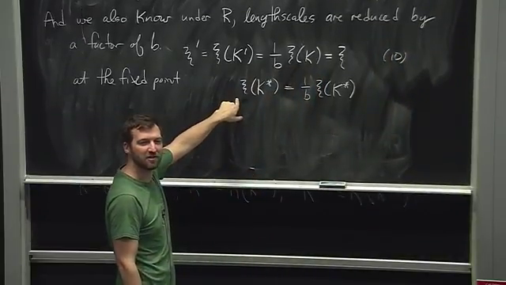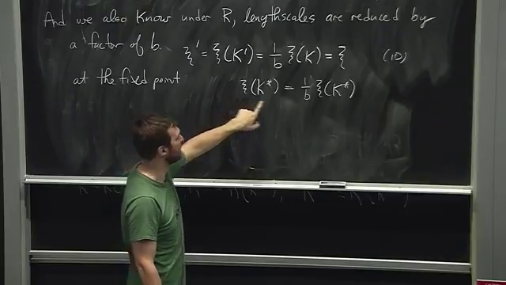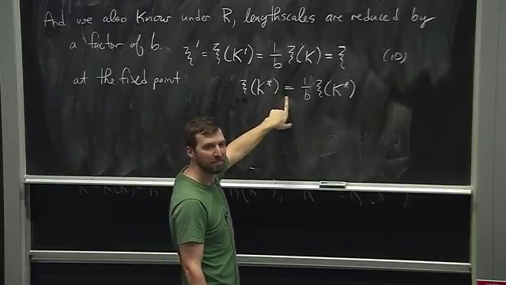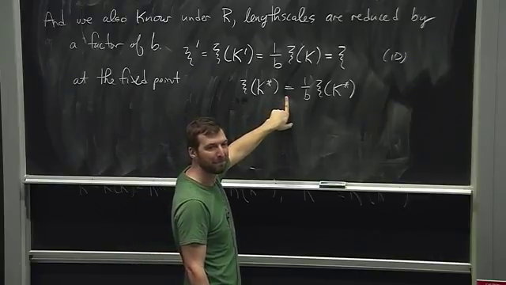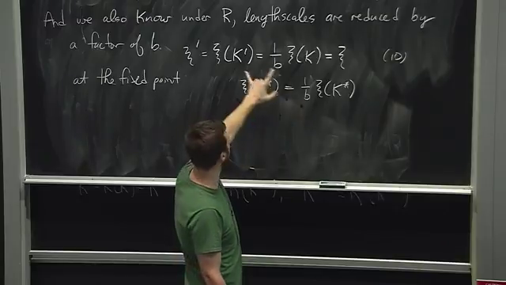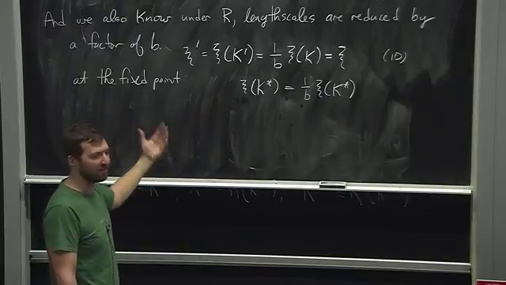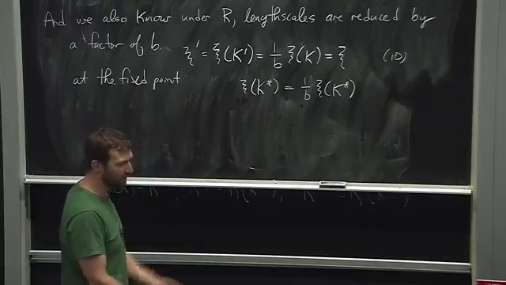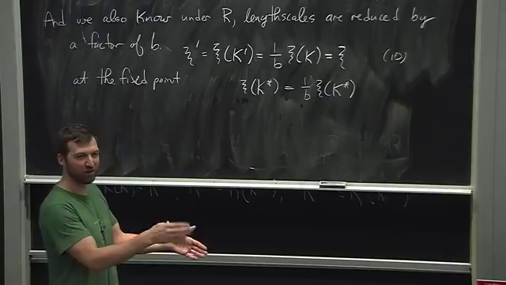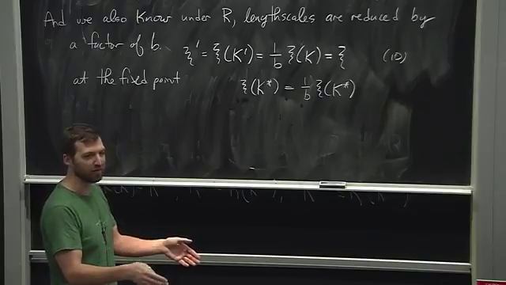But sorry, what are you asking? I want to know the final step. Here? Yep. I'm just rescaling the length scale. There's just a length scale, L prime goes to 1 over B L. L double prime goes to 1 over B L prime.